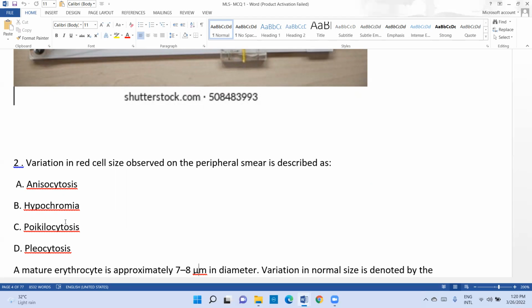If it is different sizes, it is called anisocytosis. So variation in red cell size is called anisocytosis. Hypochromasia is decreased color. Poikilocytosis is variation of shape.